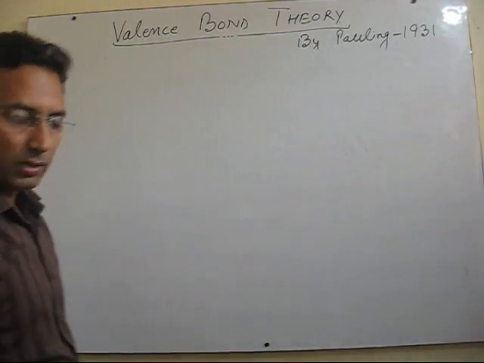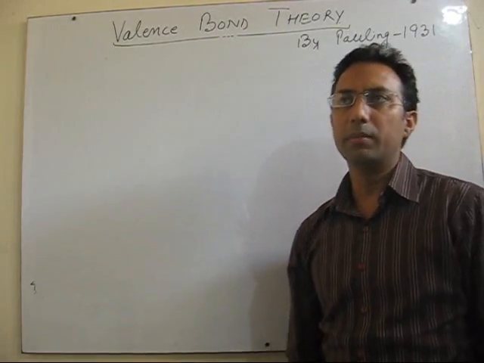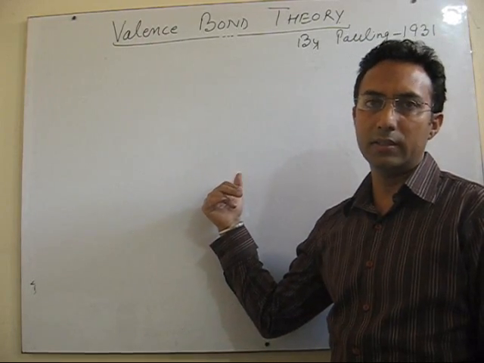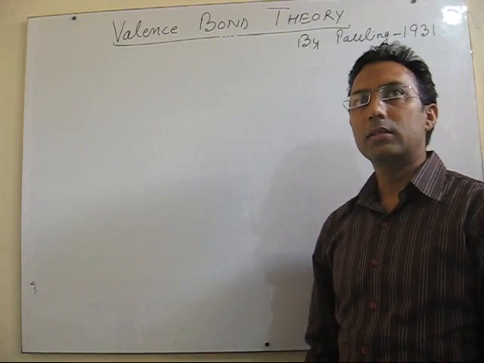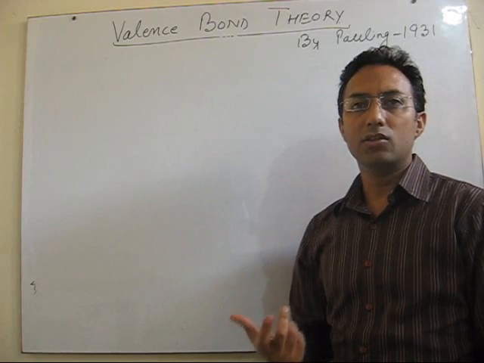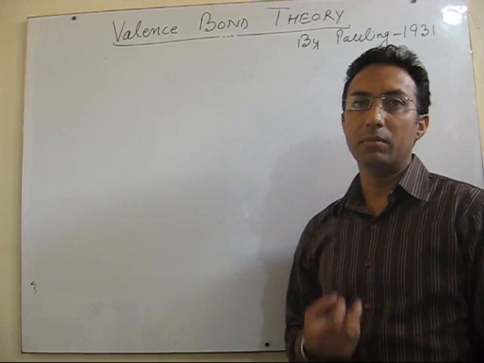Now before starting, I must tell you that valence bond theory suffers from some limitations. The different electronic arrangements shown as a result of metal-ligand coordination, that is, first the magnetic behavior, that is paramagnetic nature, diamagnetic nature, or number of unpaired electrons in the complex, must be known.